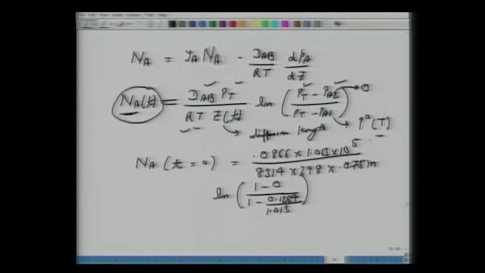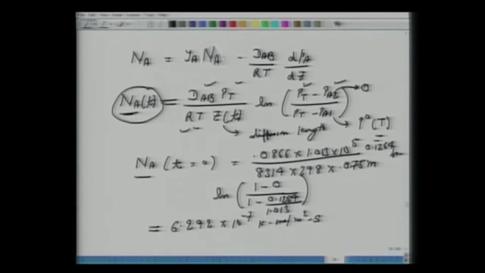The vapor pressure at that temperature is 0.1264 bar. So all we have to do is to substitute and solve to obtain 6.292 10 to the power minus 7 kilomole per meter square per second.